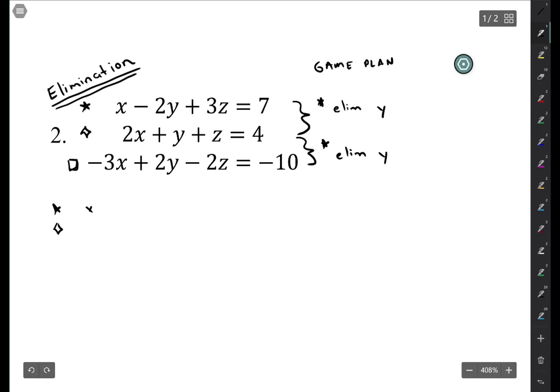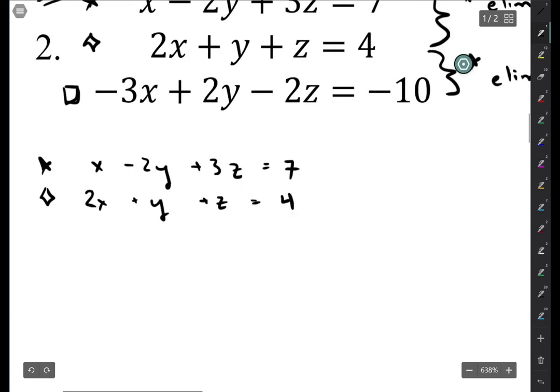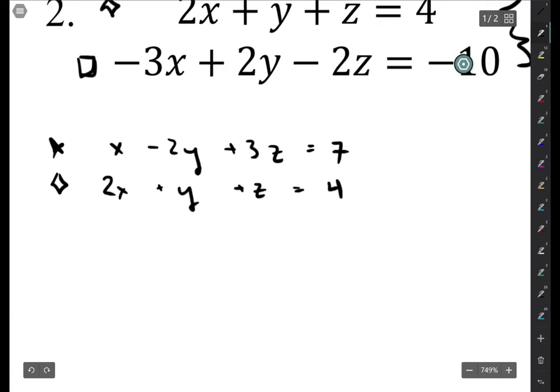I'll just rewrite them. x minus 2y plus 3z equals 7, and 2x plus y plus z equals 4. If I'm just focusing on these two, and I wanted to eliminate the y's, what I would have to do is multiply all of diamond by 2.